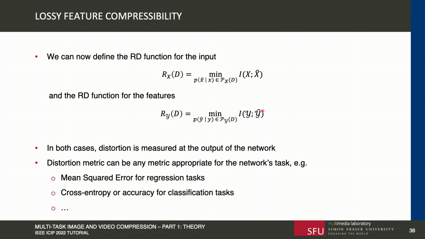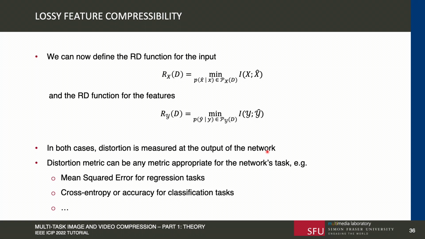And again, it's worth stressing that in both cases we measure distortion at the output of the network, not at the point of compression. So that's one point at which this analysis deviates from the classical rate distortion theory, where you normally measure distortion at the point where compression is happening. Now, in terms of this output distortion, this distortion metric could be any metric that is appropriate for the network's task.